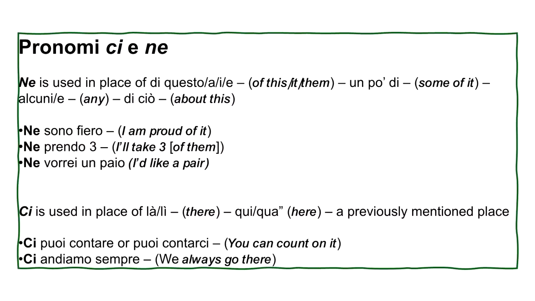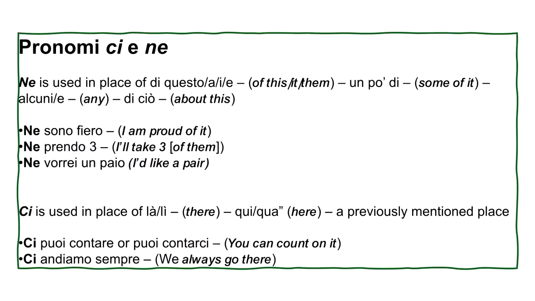Examples. Ci puoi contare, or puoi contarci, okay? Which means you can count on it. Ci puoi contare. So you can count on ci, which means you can count on it.